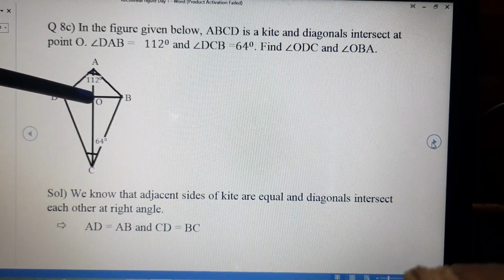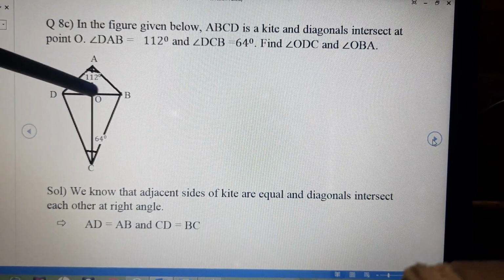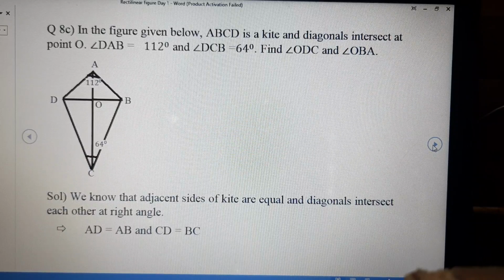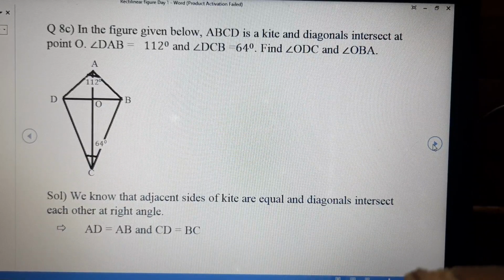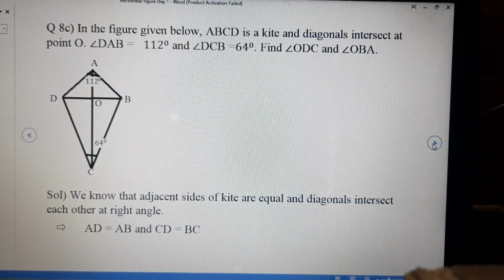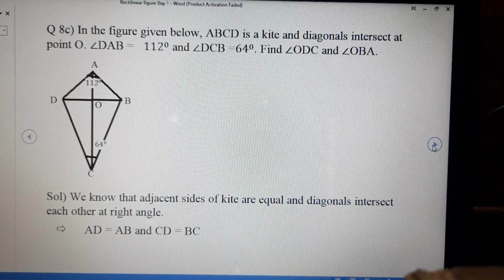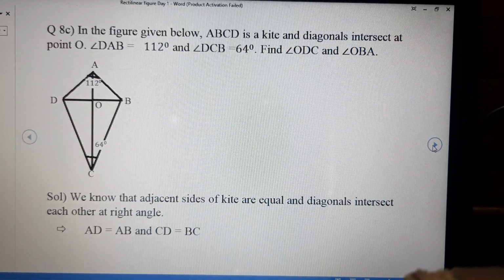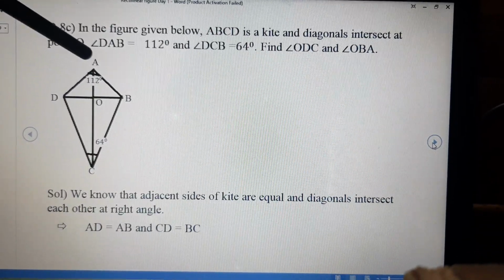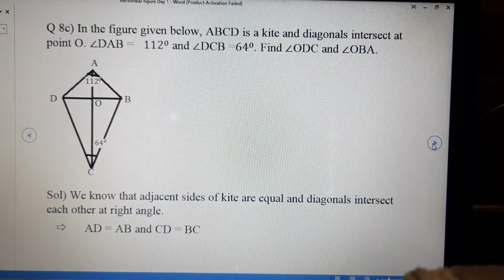So OA is a perpendicular which is dropped on BD. So OD will be equal to OB because in an isosceles triangle, if we drop a perpendicular, it bisects the base. Likewise, triangle BCD is also an isosceles triangle. And one more thing you have to remember, in an isosceles triangle, if we drop a perpendicular, that perpendicular bisects the vertex angle.